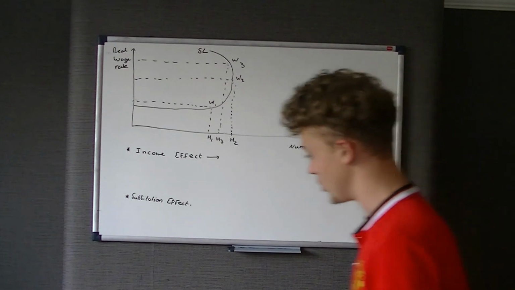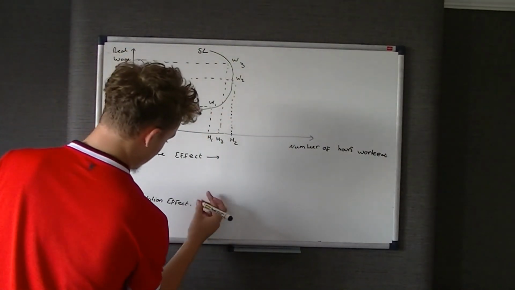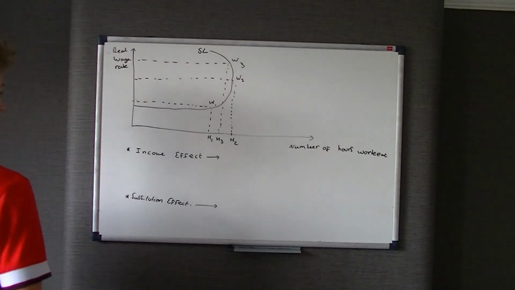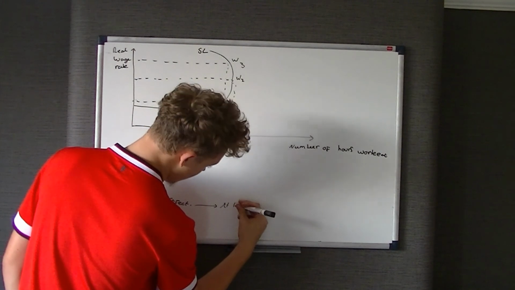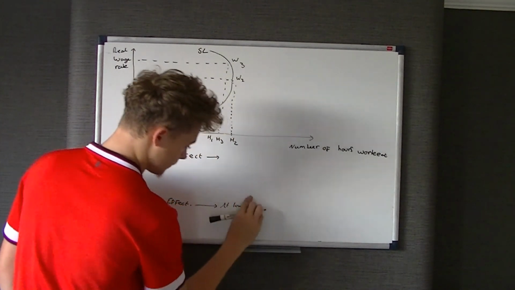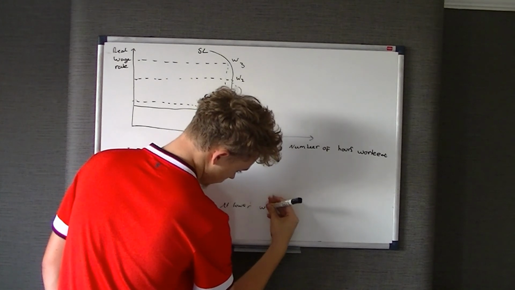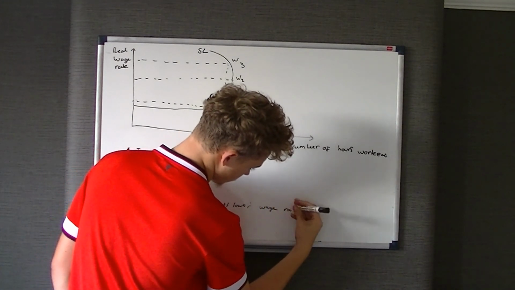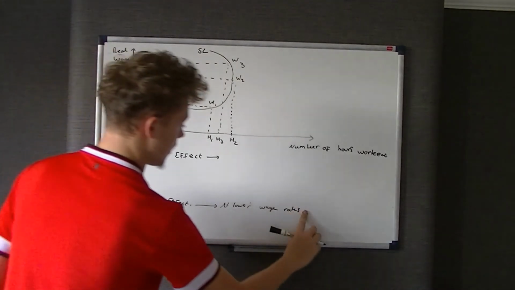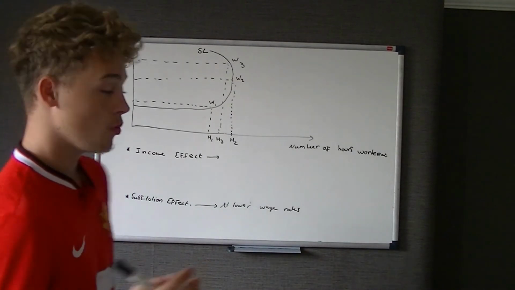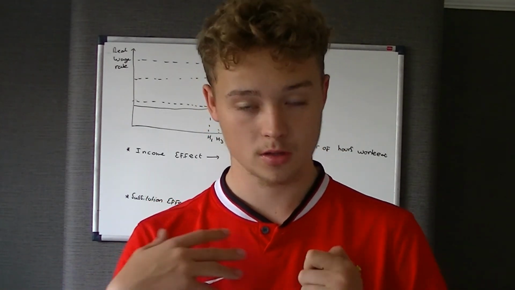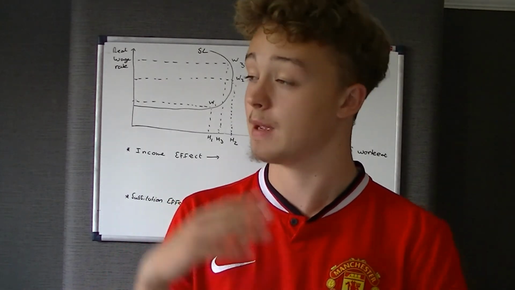Okay, so the first one that comes first is the substitution effect. So the correct way of saying it is, at lower wage rates, now before I continue actually, hopefully you've got that lower wage rates bit down. If there's a low wage and the manager offers a worker a pay rise, they'll say, oh yeah, that's more per hour, I can afford to spend a bit more time working so I can improve my standard of living.